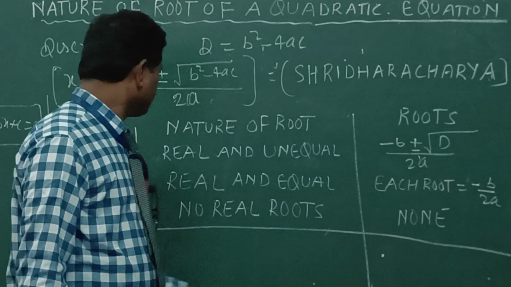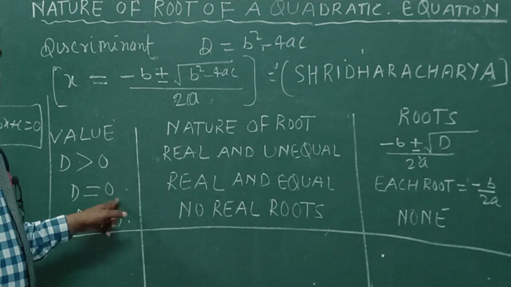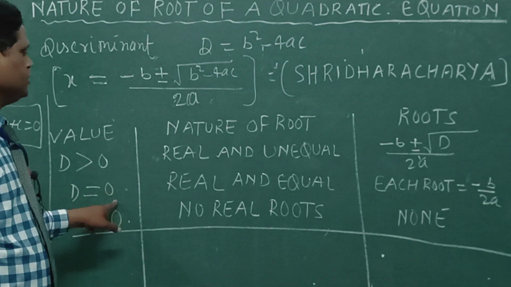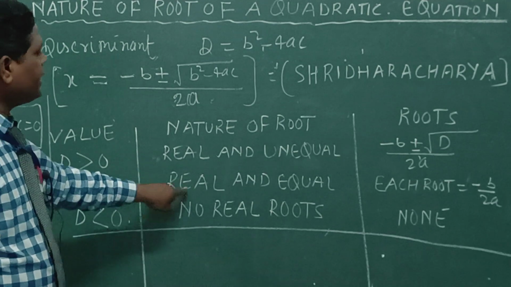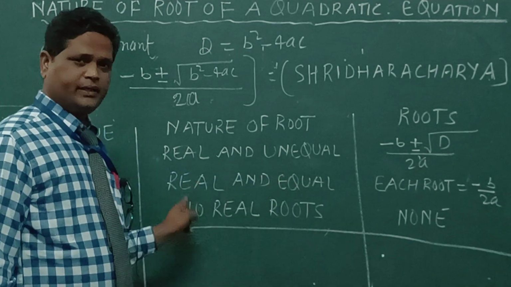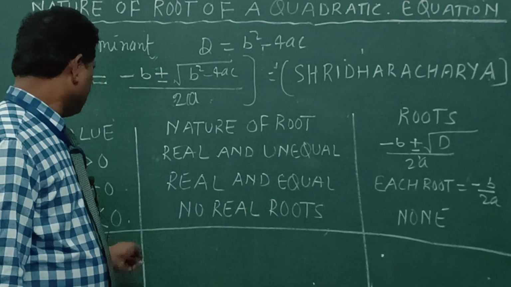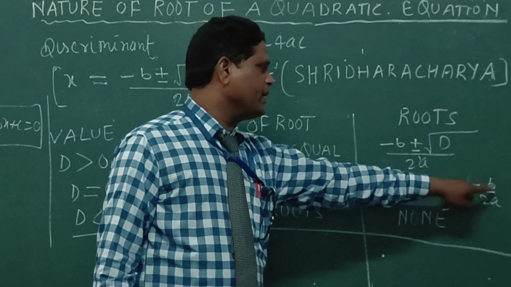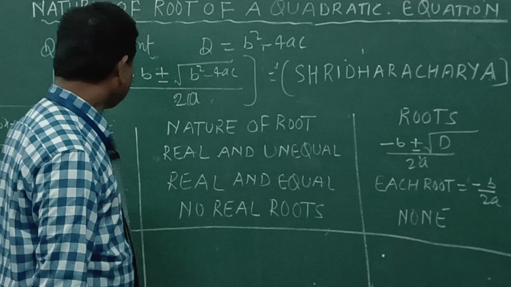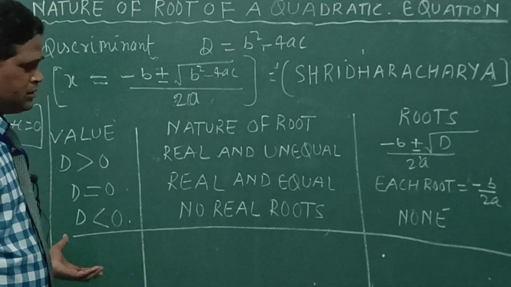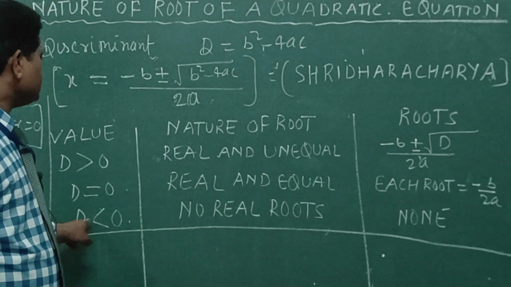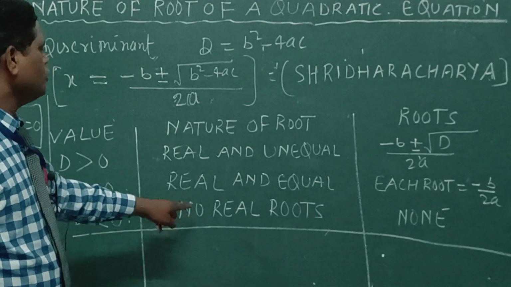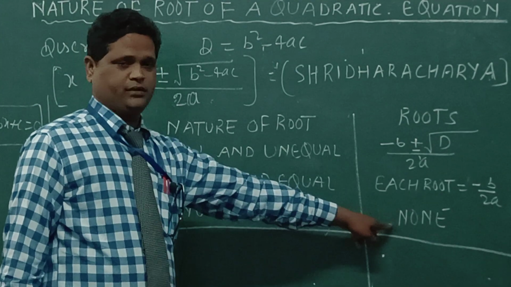After that, if D equal 0, it means real and equal, and each root is equal to minus b by 2a. According to the question, if D is less than 0, there are no real roots.